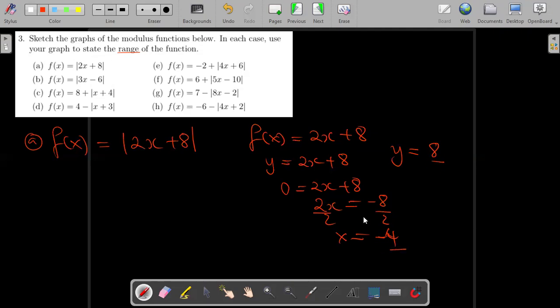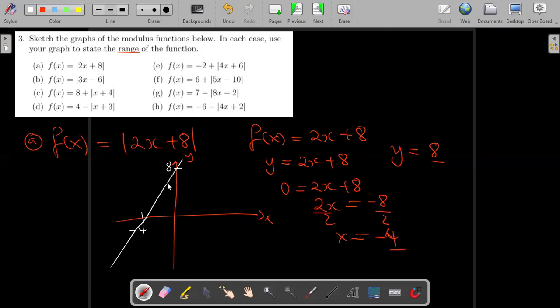So if I sketch it, it's going to take the form that way, and this is our y, and that's our x. The graph cuts the y-axis at 8, and it also cuts the x-axis at negative 4, which is this side, and it's going to be a slanted line like that.